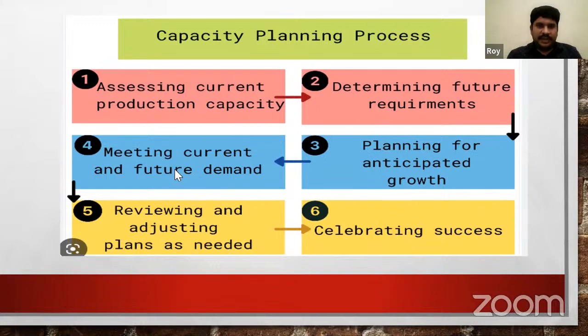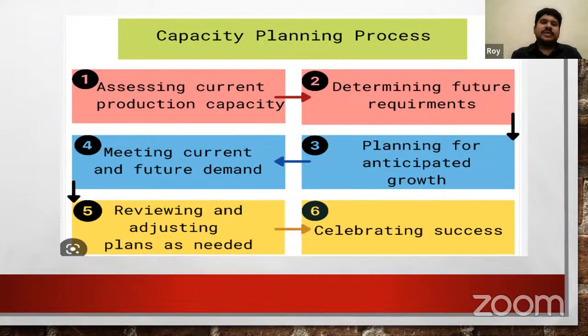And after that, the third step is planning for anticipated growth. If it is growing, our plant and product demand will not stay the same for a particular time. It will grow. Fourth one is meeting current and future demand. And fifth one, reviewing and adjusting plans as needed.